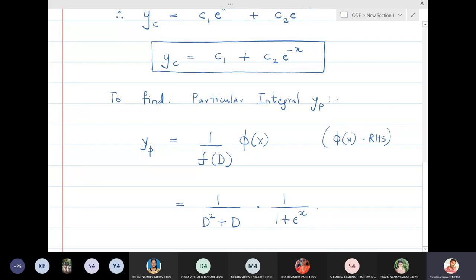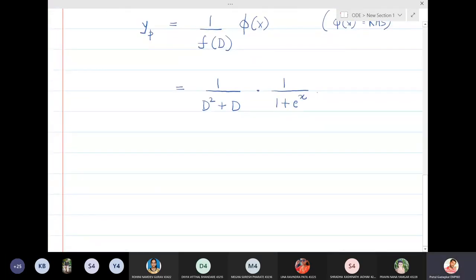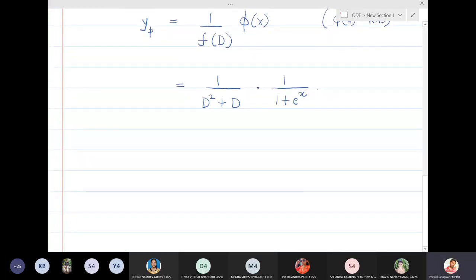Okay, once I reach this step, now I have to recall my formula for 1/(D - m). So I will do some rough work.